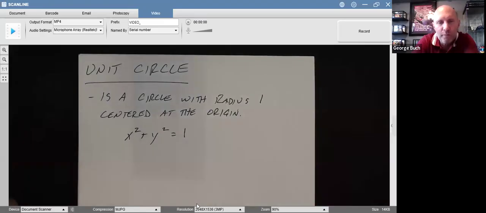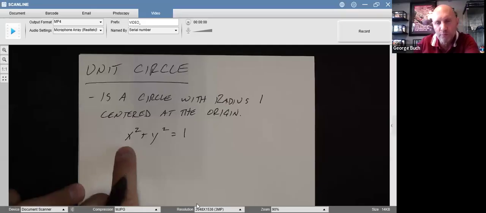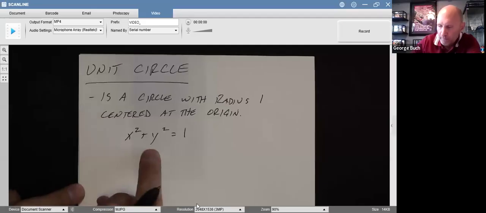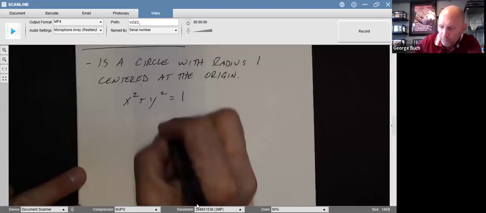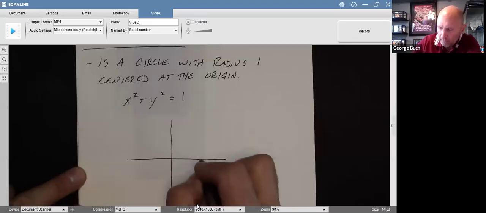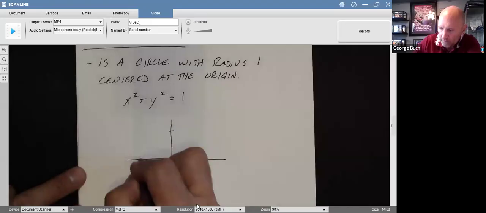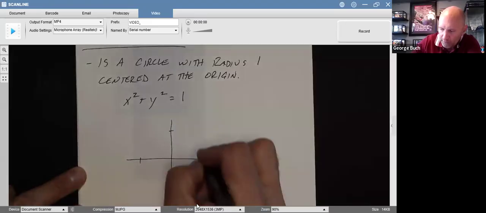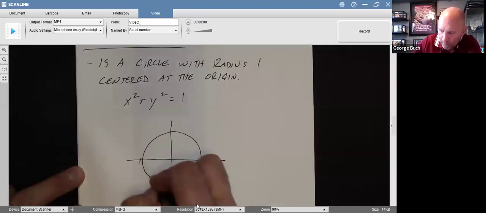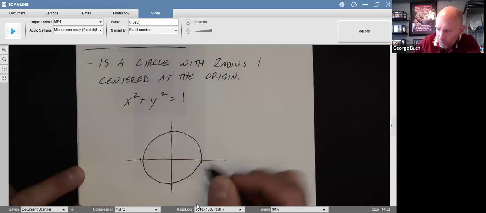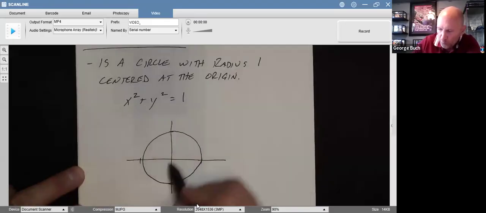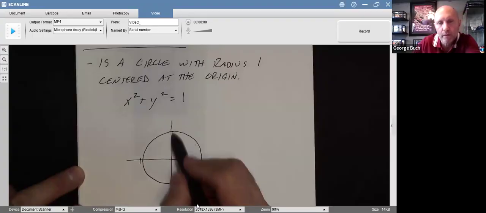And so we can determine any point on the unit circle. If we're given one of the coordinates, we can just do the algebra to find the other. What this is going to look like is a circle that no matter where we go from the origin, it's always 1 unit out.